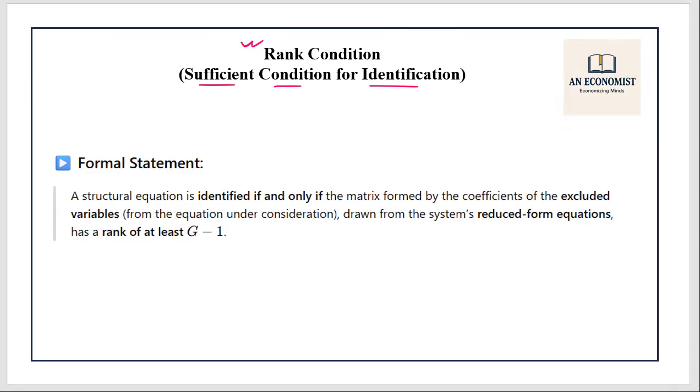What I told you was that if the order condition is satisfied, there can be two possibilities: either exact identification is taking place, or over identification is taking place, right? These are the two cases when the order condition is satisfied.